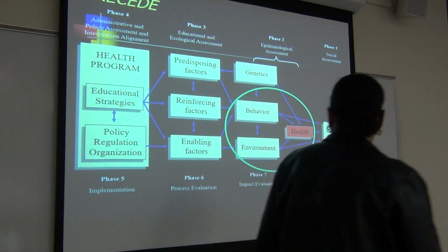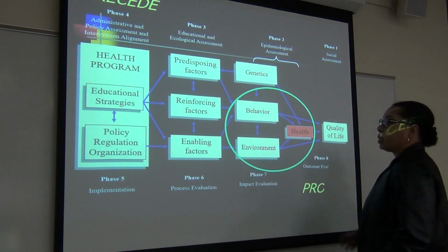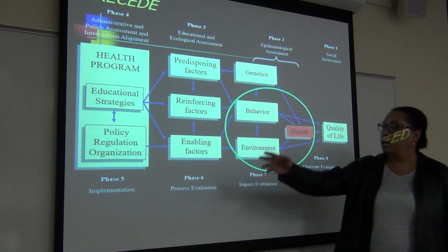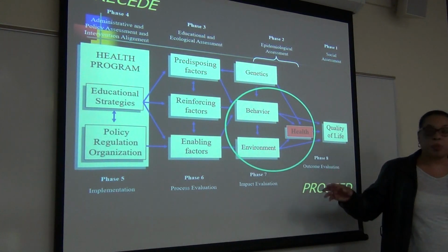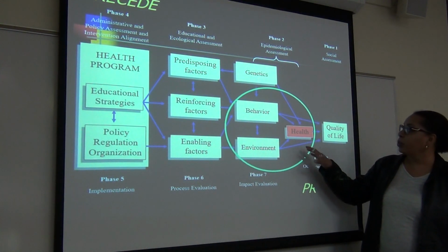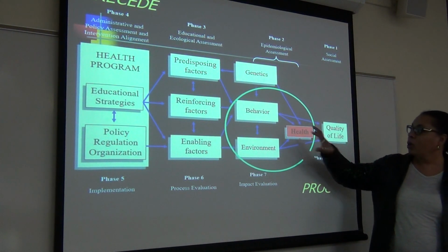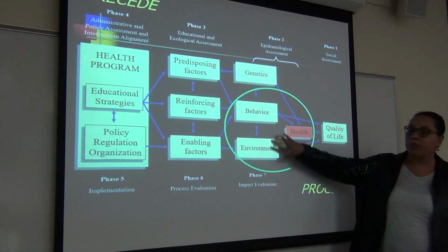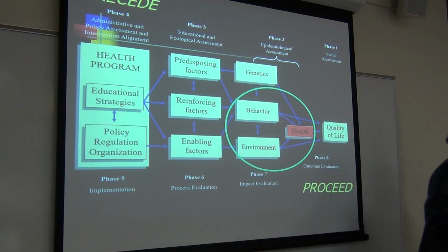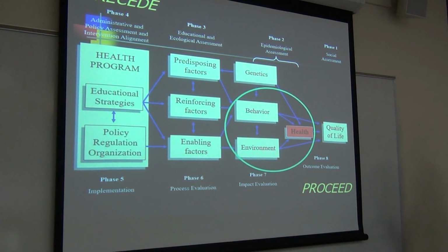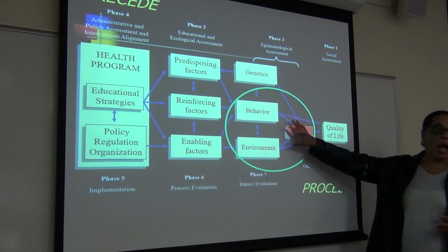So, going back to our lovely PRECEDE-PROCEED model from last semester, this semester, now where we're really getting at is the health level. There might be some behavioral and environmental changes here. It really depends how far out this is.